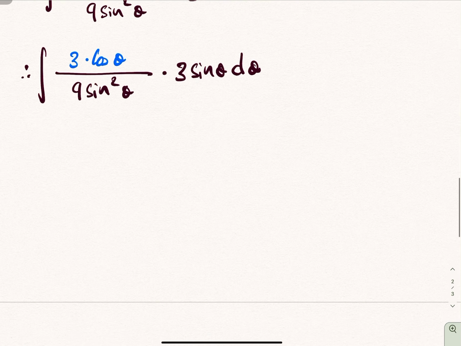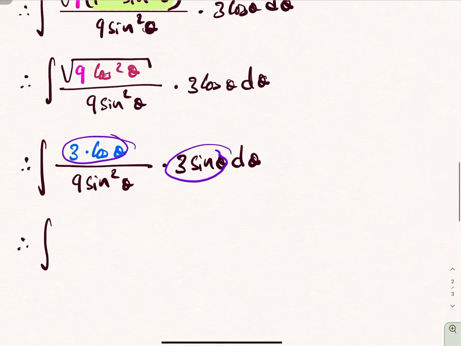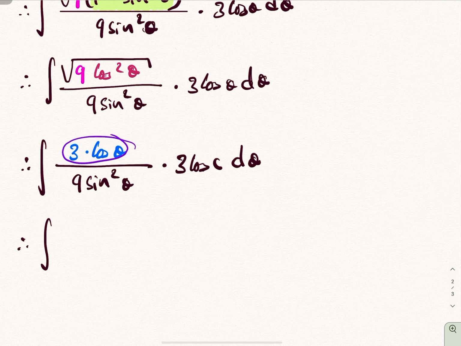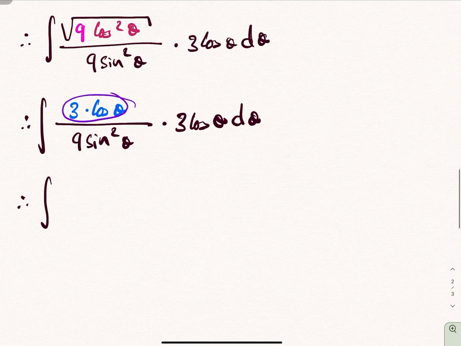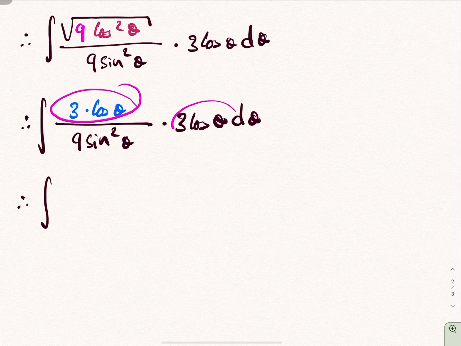Pay attention now. If you multiply this one and this one, I don't know why I keep writing sine instead of cos. That is my blunder, forgive me for that. That is a cos of theta. If you multiply them, they give you 9 and then cos squared of theta.